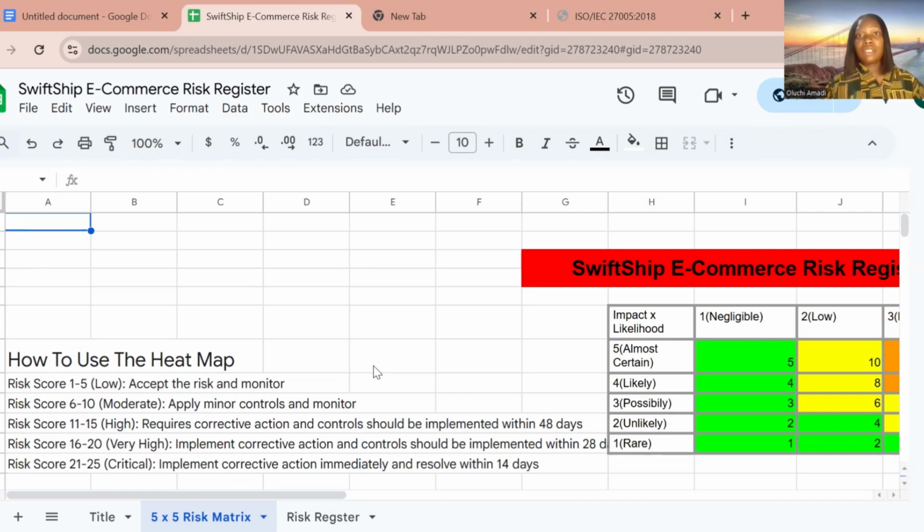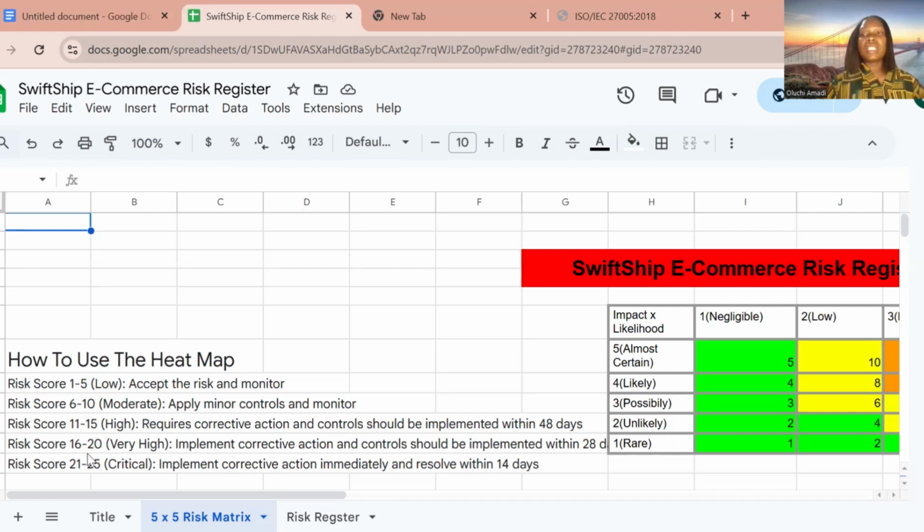I'm going to teach you guys how to treat risk, how to decide if you're going to treat risk, the risk adjustment criteria. If the risk is between 6 to 10, you have to apply minor controls and still monitor it. If the risk is between 11 to 15, that means the risk is high. It requires corrective action and controls should be implemented within 48 days.